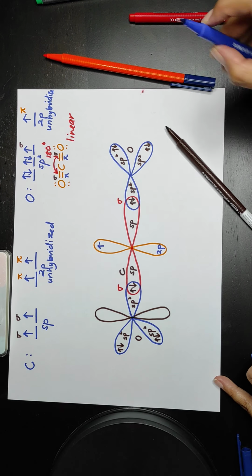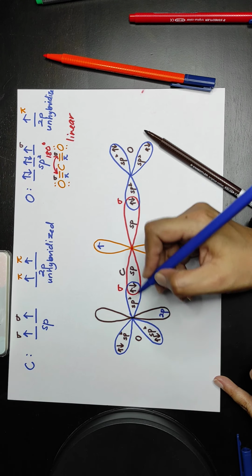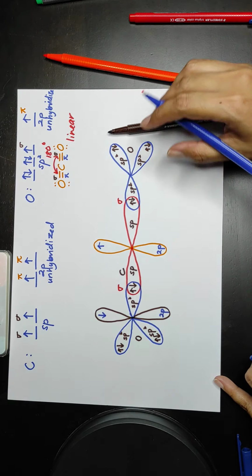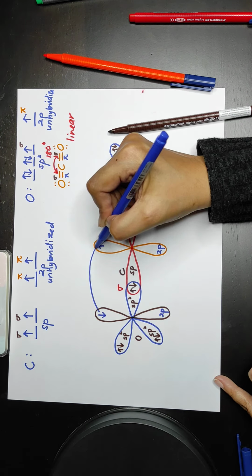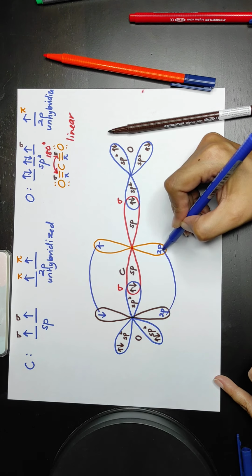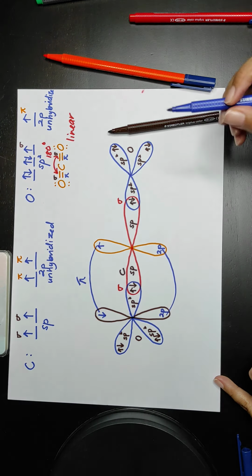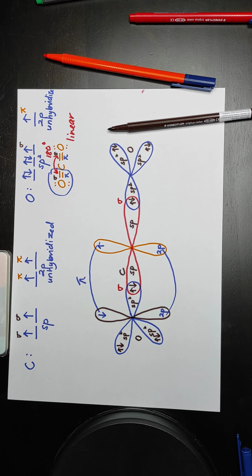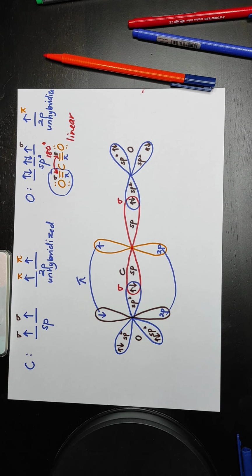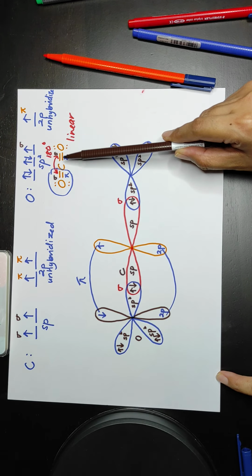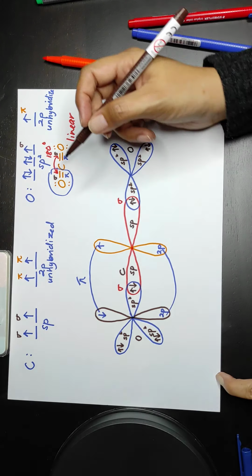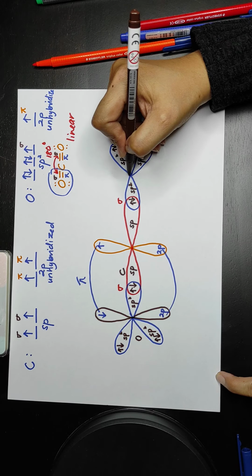Alright, so label it as 2p also, and here there are opposite spin electrons. So overlapping between these orbitals will form one pi bond. So that is settled for the left side. Okay, so now we are going to show the formation of the pi bond between the right side of the carbon and oxygen atoms.